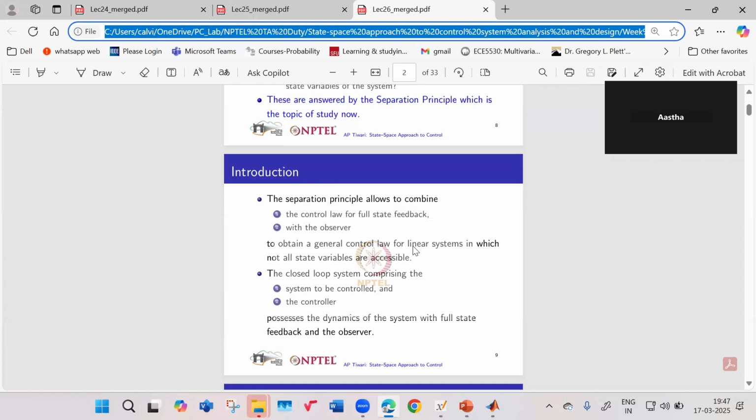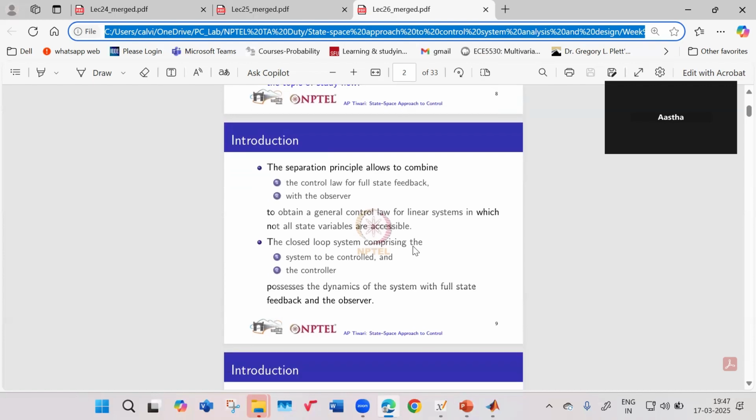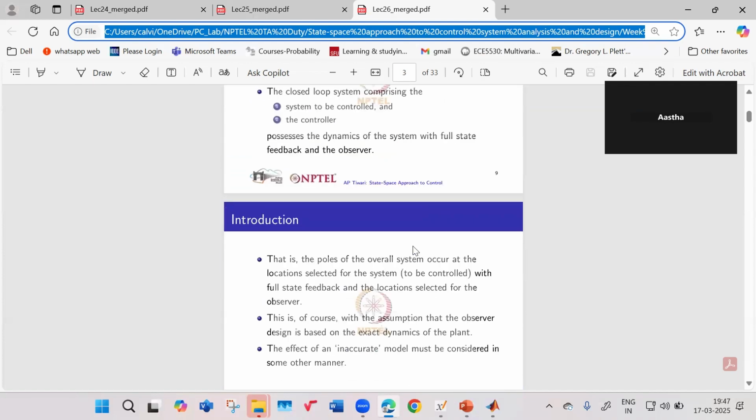We are decoupling the design of our controller and the design of the observer. But if we want to have a good response, there are certain thumb rules which have to be used. But it is a very challenging, breakthrough concept, which shows that we can decouple the controller design as well as the observer design. So we can do that separately. And that has been proved using time scale separation.